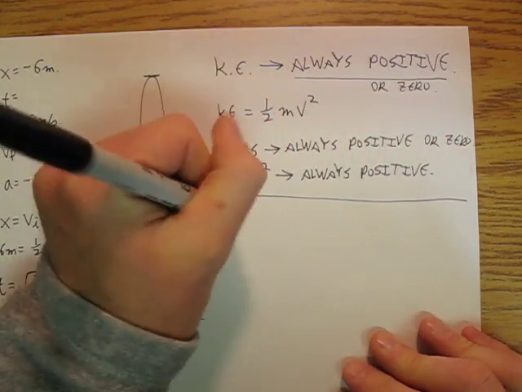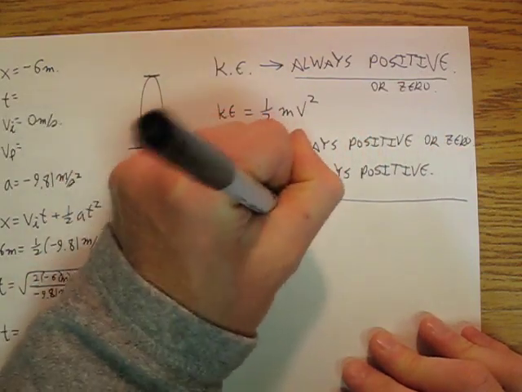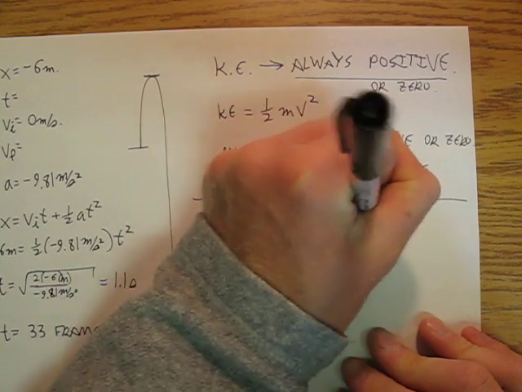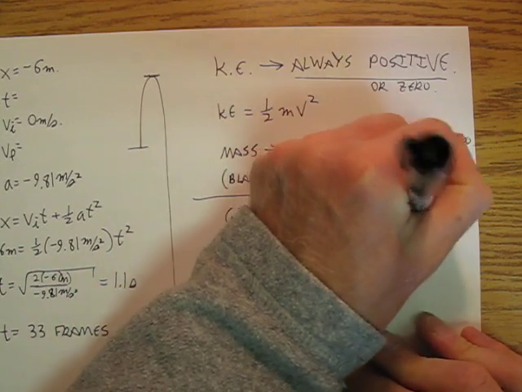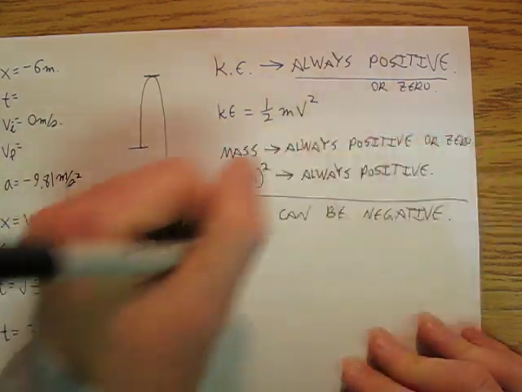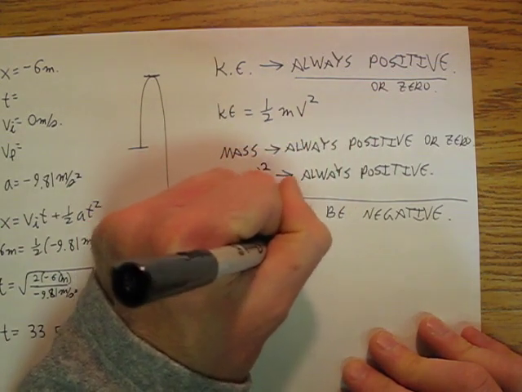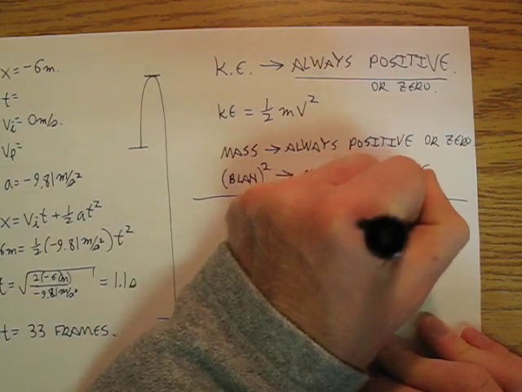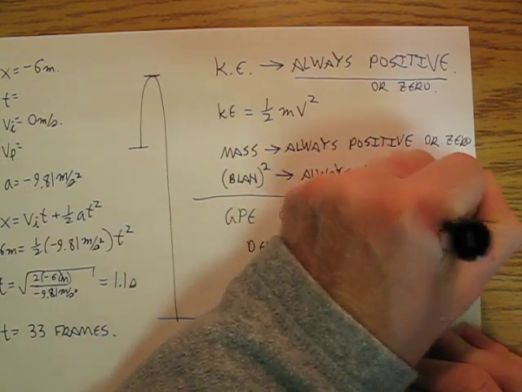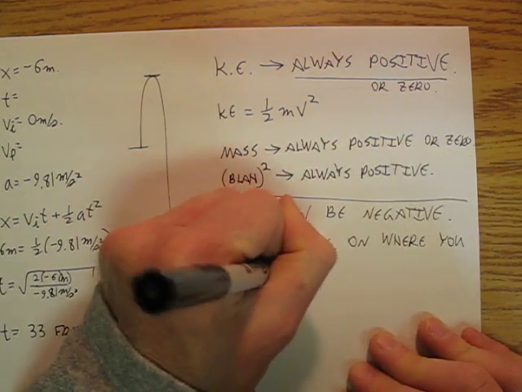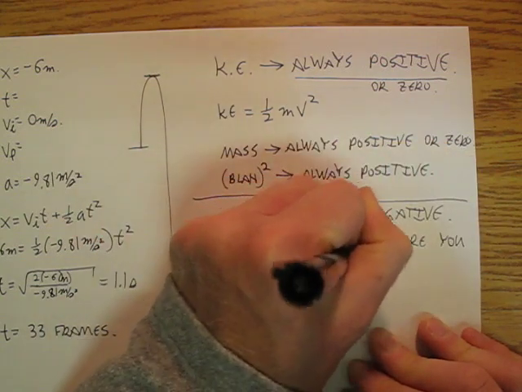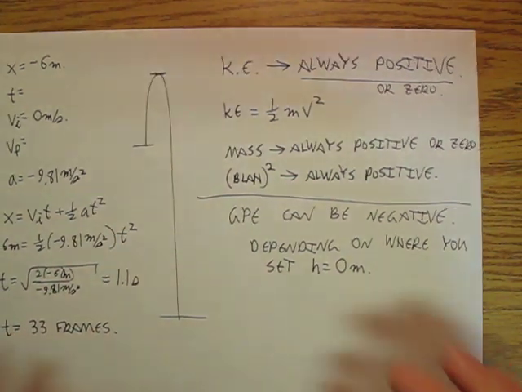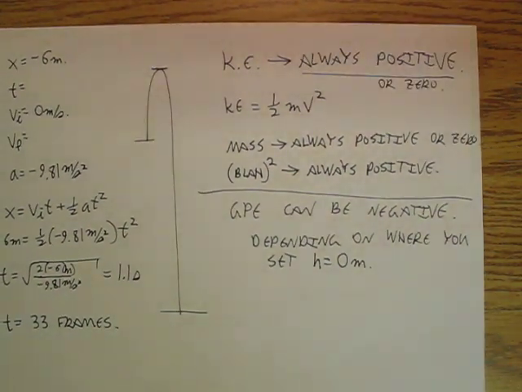But GPE can be negative depending on where you set h equal to 0 meters, because it's really arbitrary.